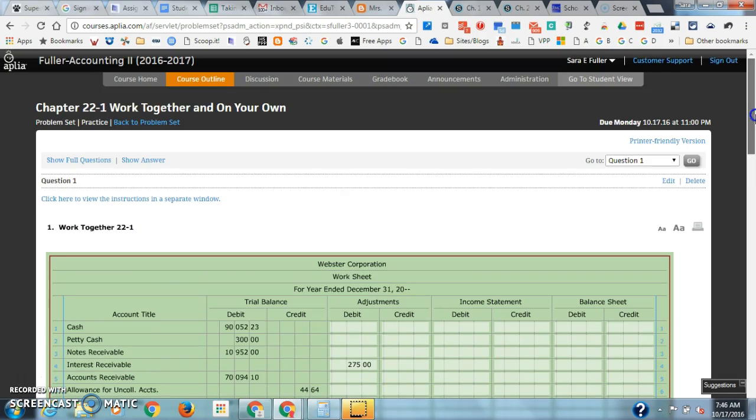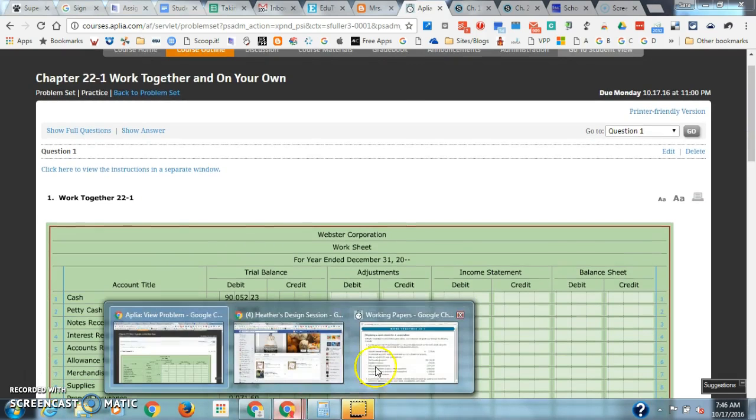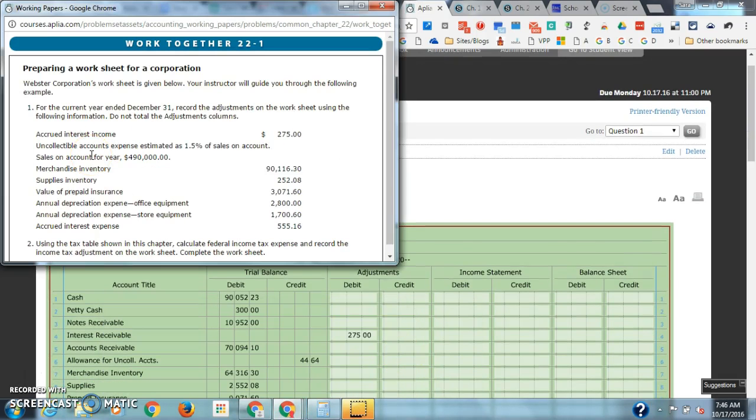Okay, then next we have uncollectible accounts expense, estimated at 1.5% of sales on account. So our sales on account is $490,000, so you take that times 1.5%, and we would get $7,350.